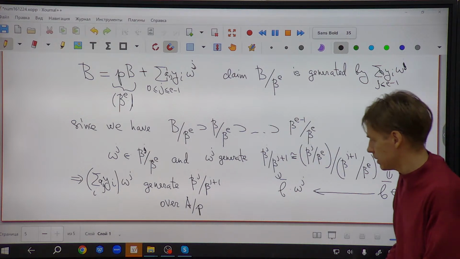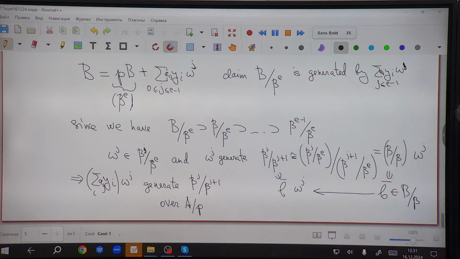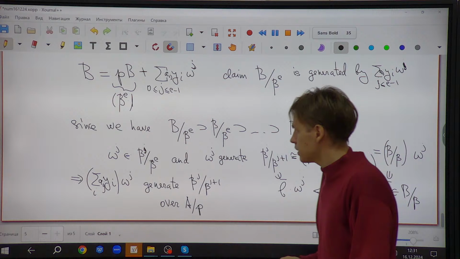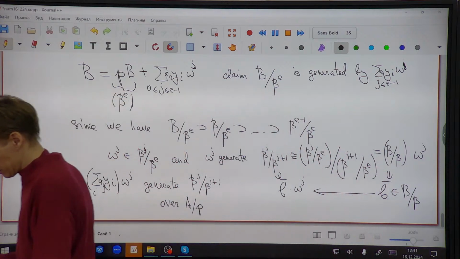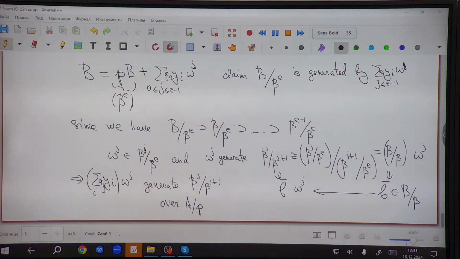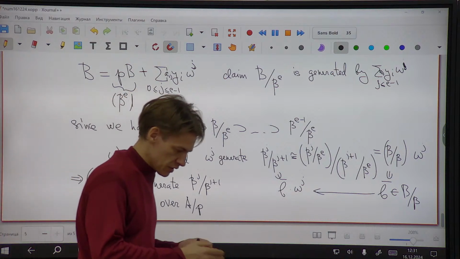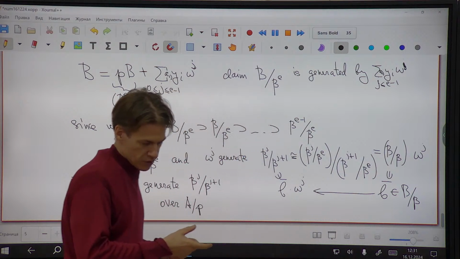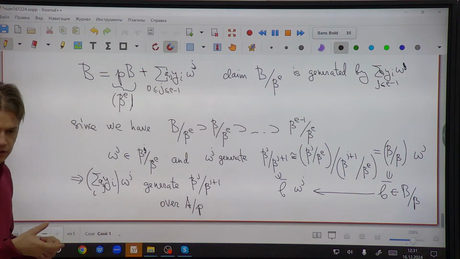I do not have time to explain this, but this is just a general statement. You have the corresponding filtration, and you have the basic elements that generate each consecutive factor of the filtration.